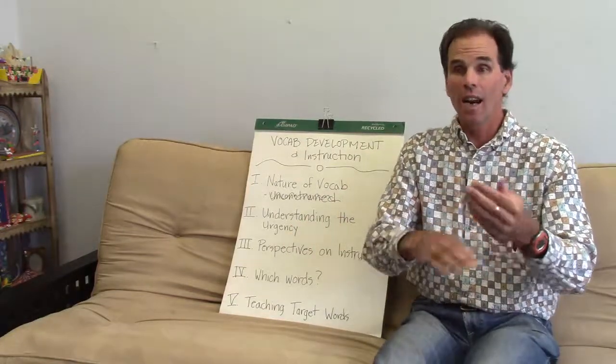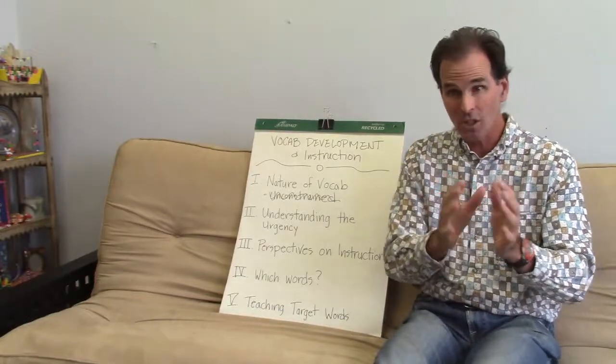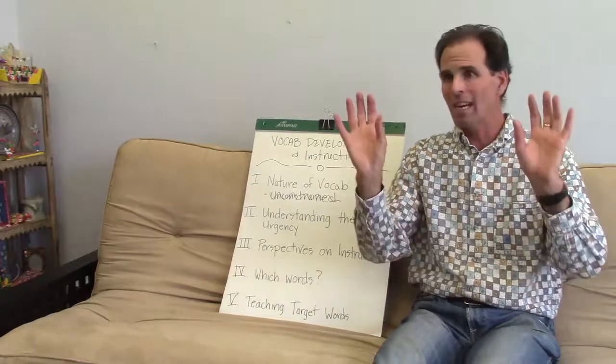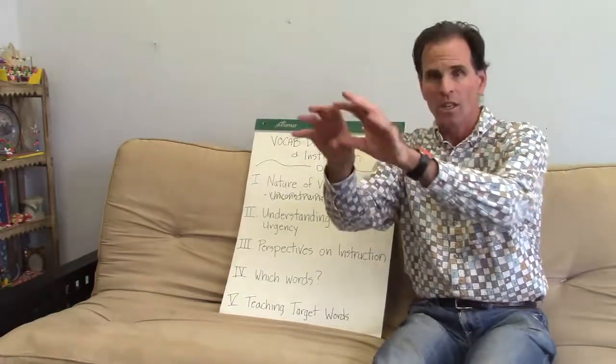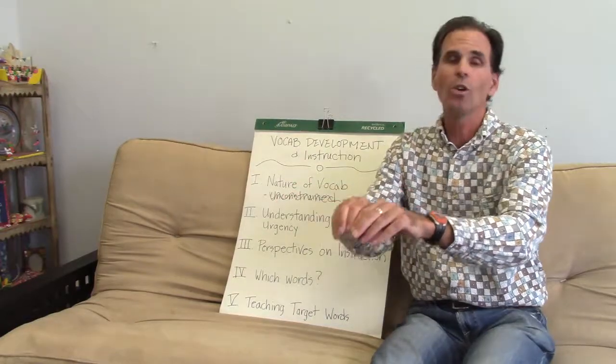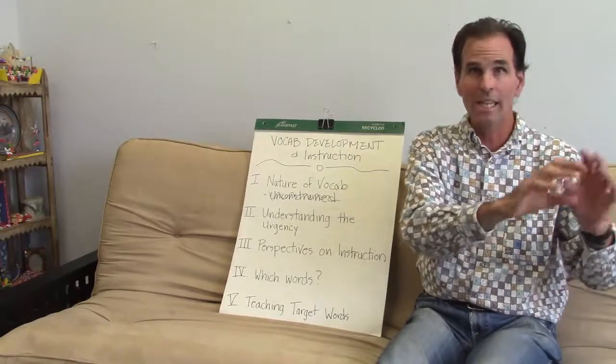Now, unfortunately, I think this was misinterpreted back when I started in this business, the 80s, 90s, and there was a movement away from "we can never teach enough words that kids need to learn, so let's just make sure that they learn words through wide reading and so forth."